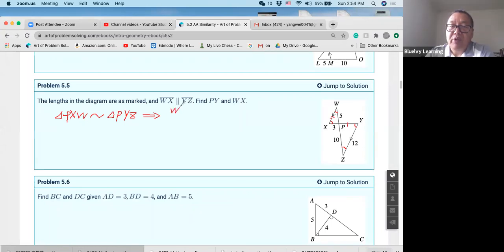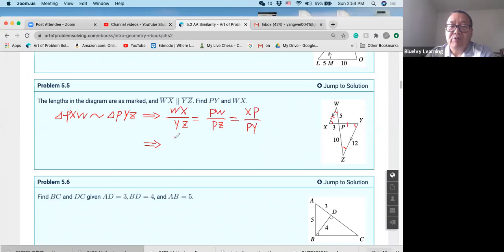From this similar triangle, we can get that their corresponding sides will have the same ratio. We get WX over YZ equals PW over PZ, also equals XP over PY, right? Then from here, you plug in the numbers you already know.